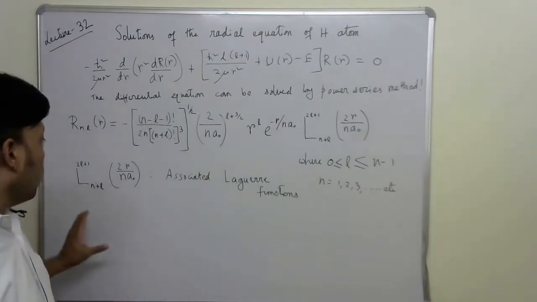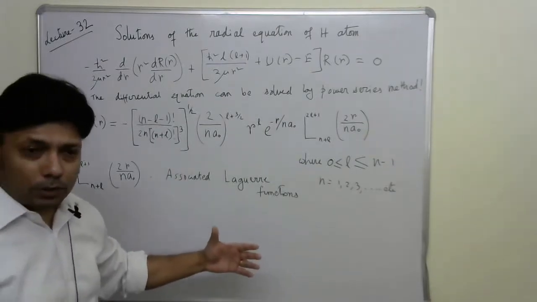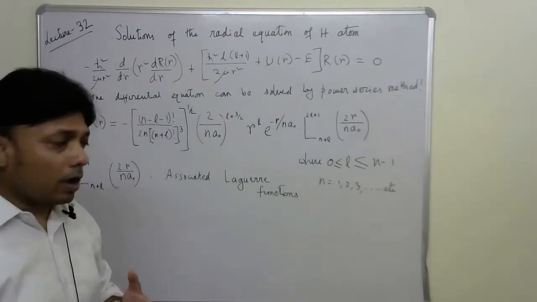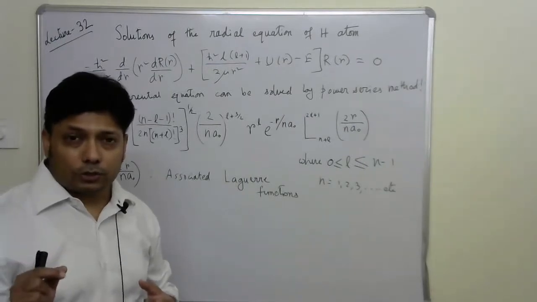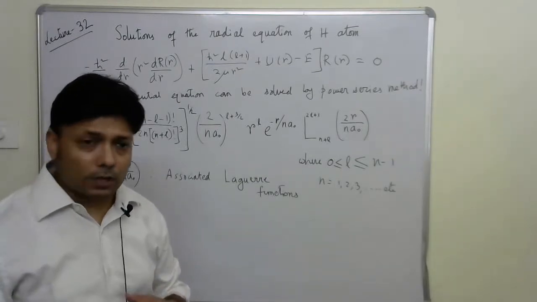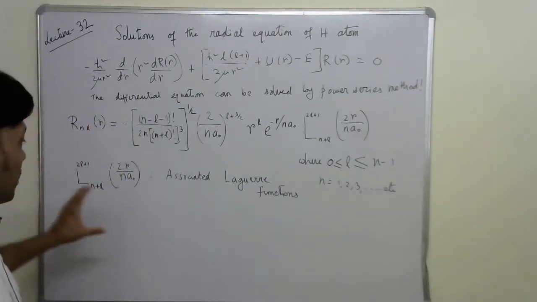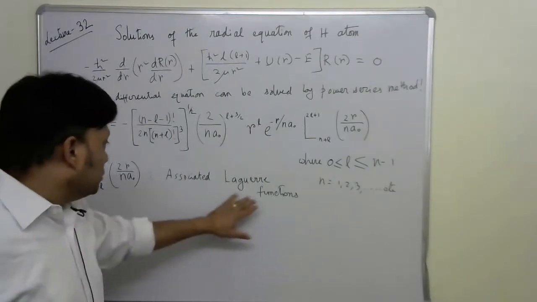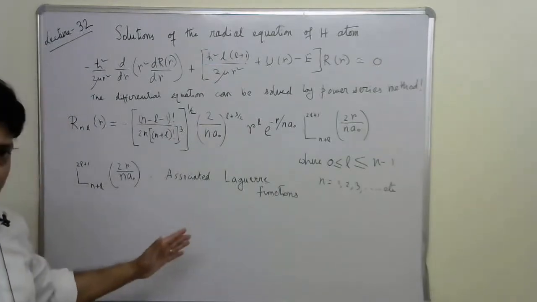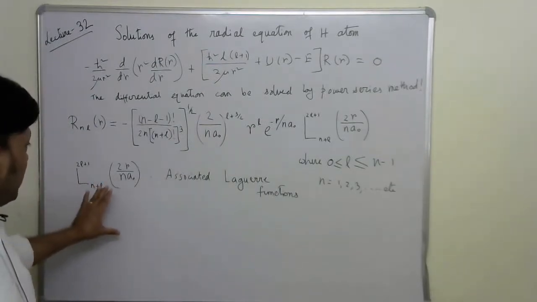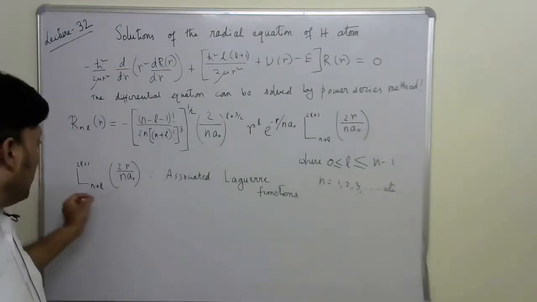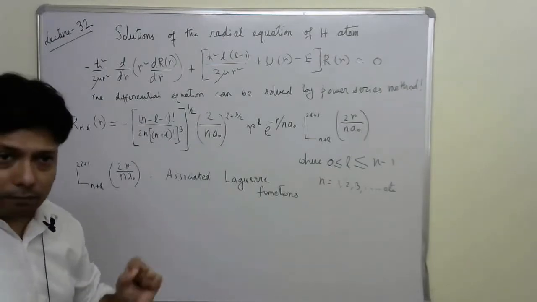It is almost like the Legendre polynomials, right? You remember there is a Legendre polynomial expression for m equal to 0, and for a value of m not equal to 0, those are called associated Legendre polynomials. Very similar to that, we have this function known as associated Laguerre functions. Similar to the Legendre polynomials, there could be different associated Laguerre functions depending on n and l values.